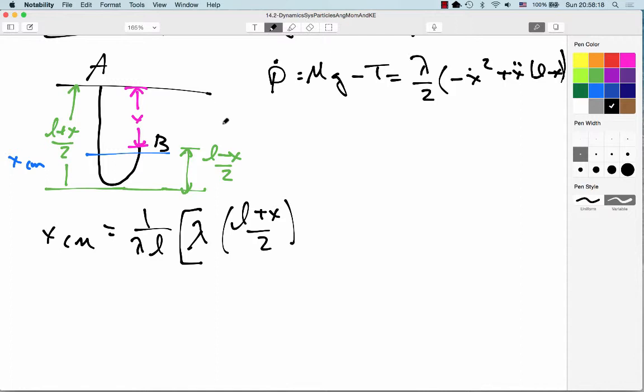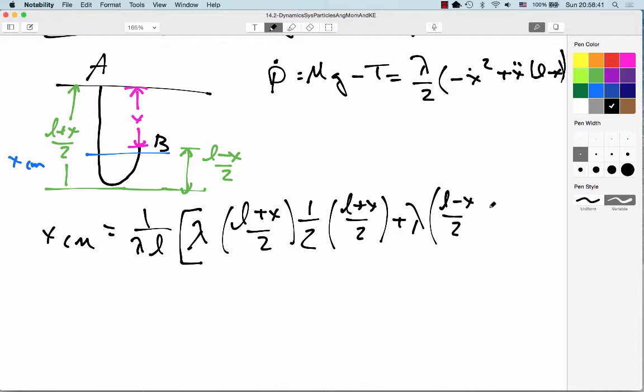But it's only halfway down. So this is mass, but then its position is 1/2 of that, going halfway down: 1/2 (L plus x) over 2. And similarly, for the second guy, the mass is lambda times (L minus x) over 2. And then we will pick up a 1/2 (L minus x) over 2 plus x. And close the square bracket out over there too somehow.